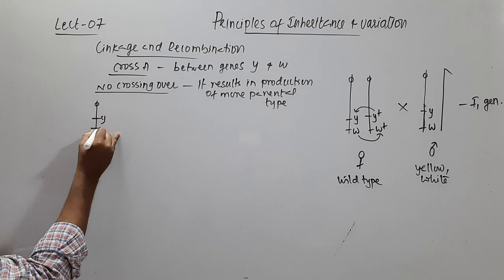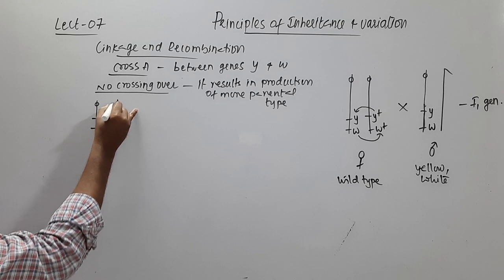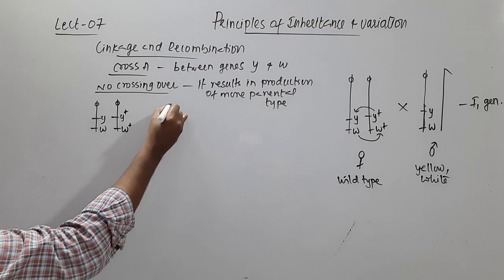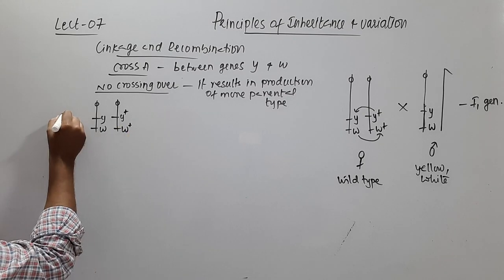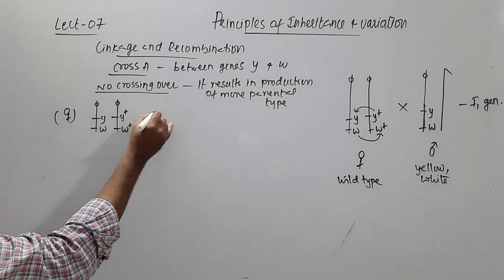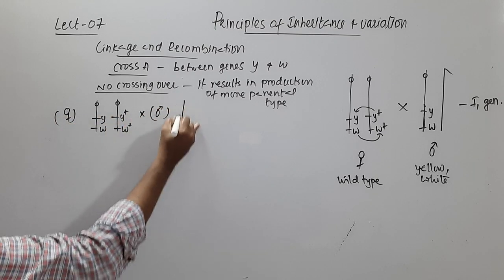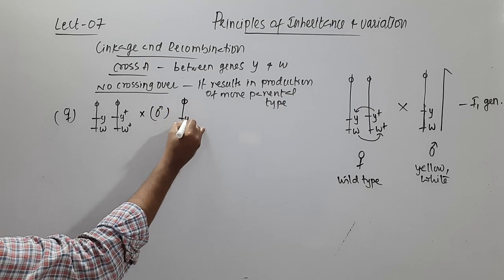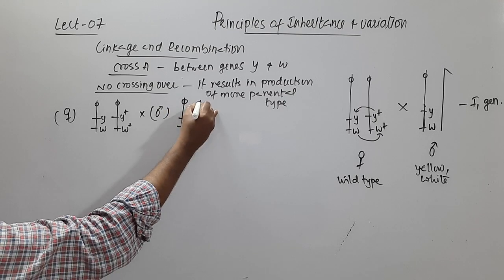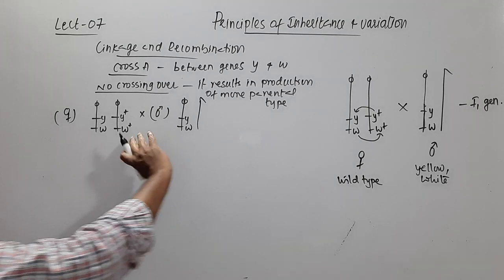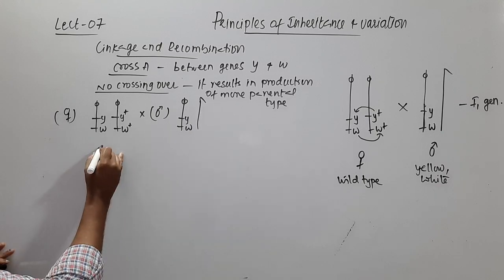So y w, and this is y plus w plus. This is the female and the male, y w. Let's see this one in a Punnett square.